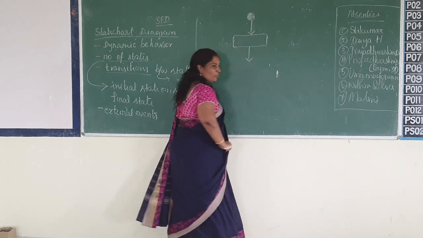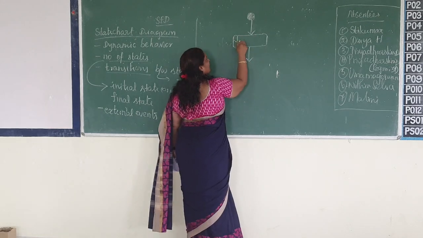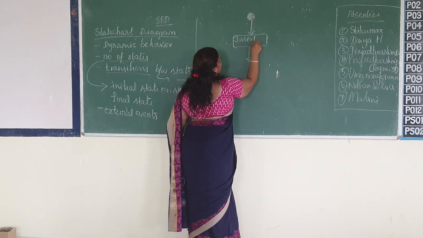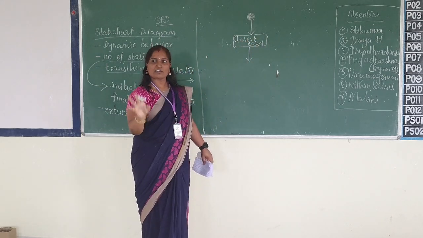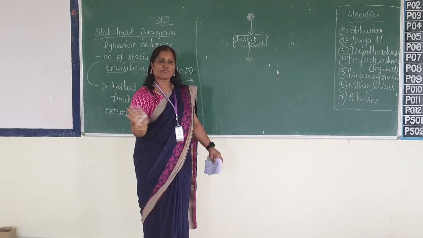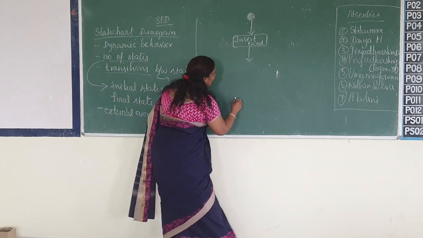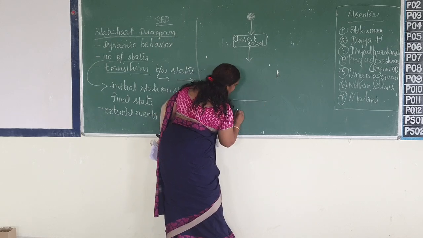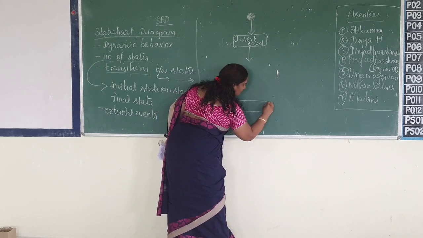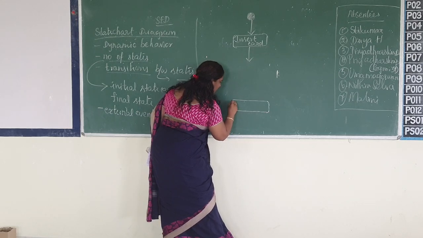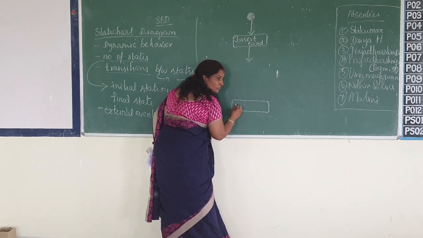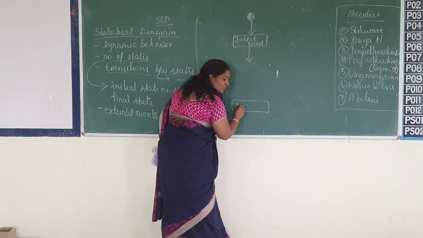So first step, what do we do? Insert card. So insert card, eject card, those two we know very well, right? So somewhere I will even draw a state as no talking. What do you want to do?